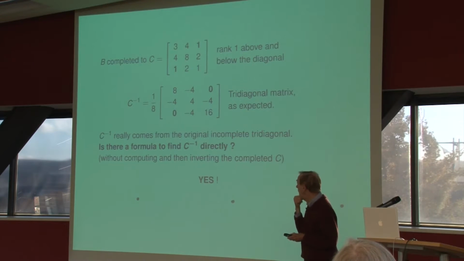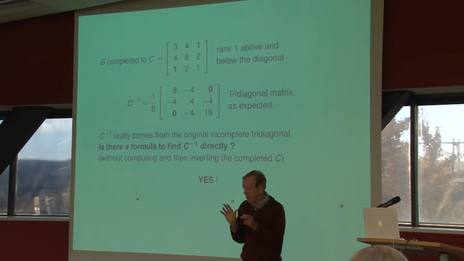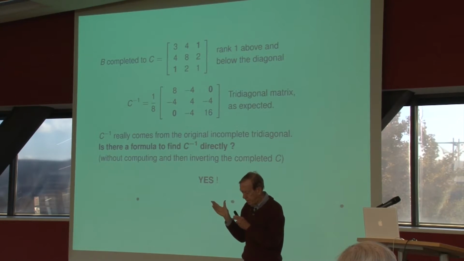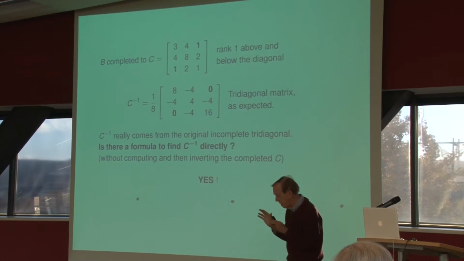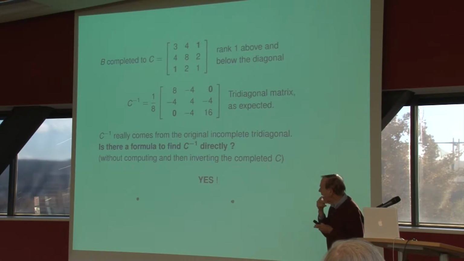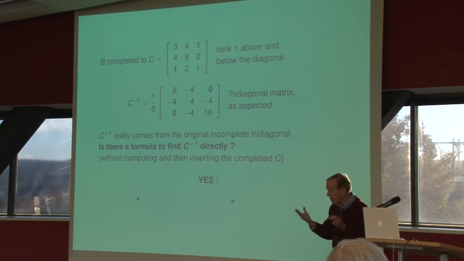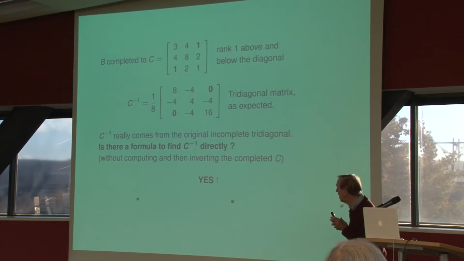And there is. I'll show you the formula, and it's so surprising to me, but I have not found a really good application. So I'm looking for applications of this formula.